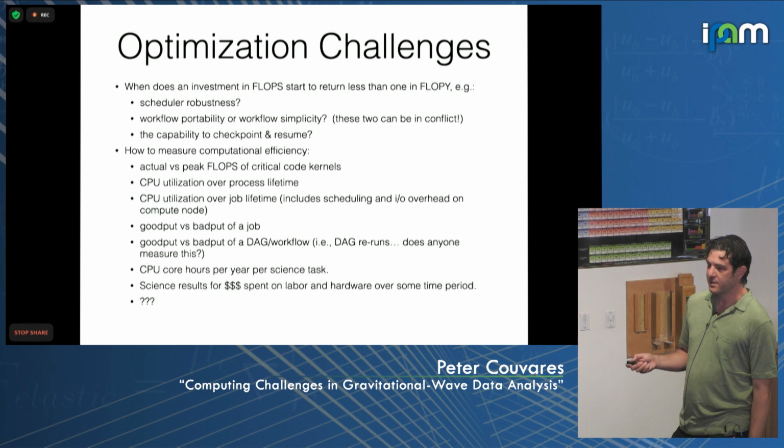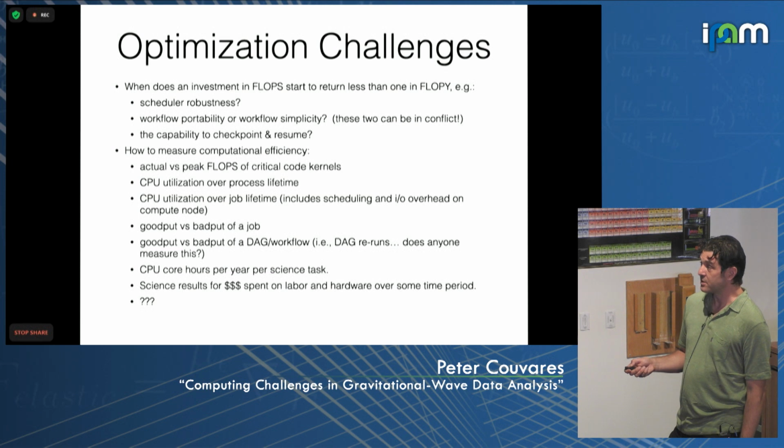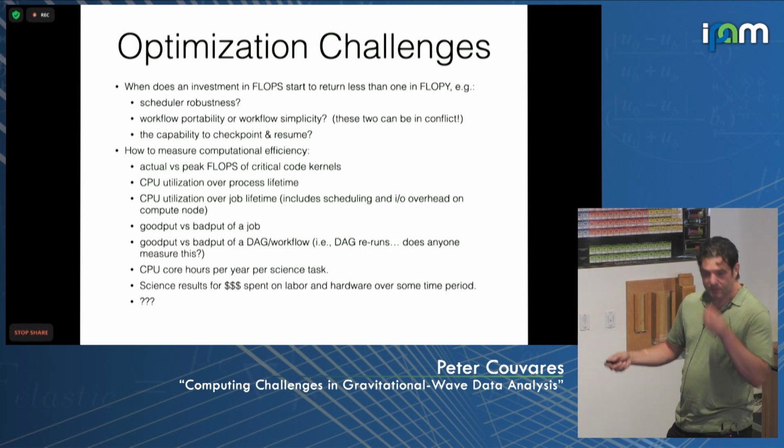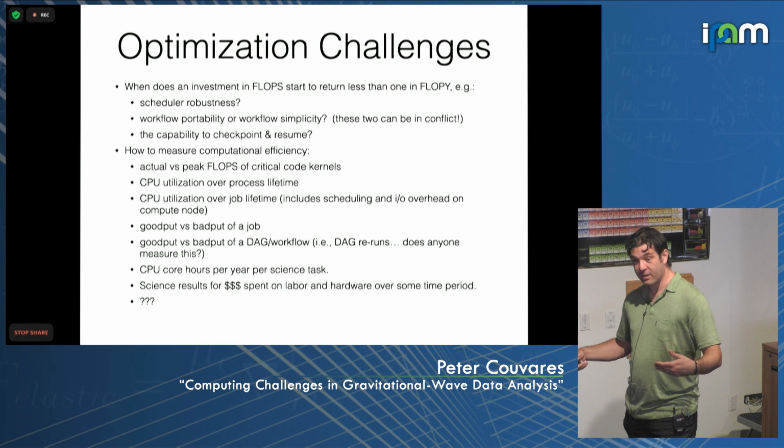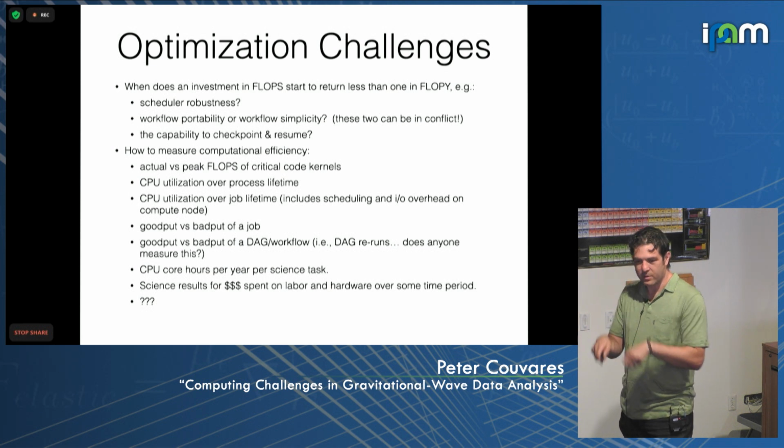In other words, sometimes focusing on scheduler robustness will deliver a lot more than optimizing a piece of code. What about workflow portability? If your code can run on any resource, you can get a lot more science done for the dollar than if it can only run on a particular piece of hardware that we have in this room. It can be 10 times faster on that piece of hardware, but it doesn't matter. Maybe you should focus on making it more portable, not faster.